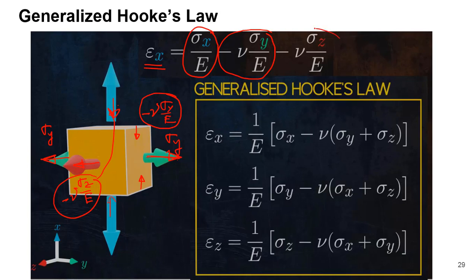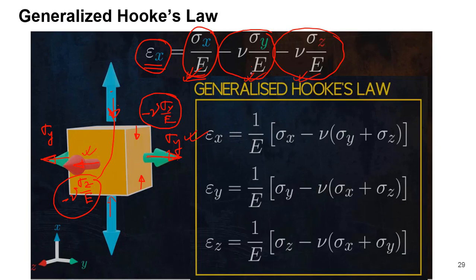So that also you have to consider. If you do the superposition of these 3, then you will get the total strain in the x direction. The first one is the direct, longitudinal strain because of sigma x, and these 2 correspond to the lateral strain because of sigma y and sigma z.